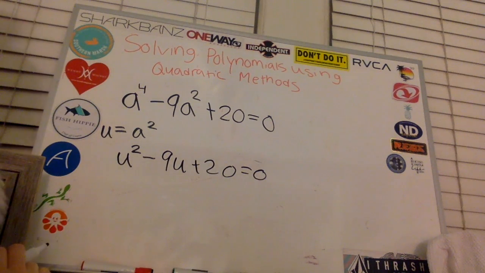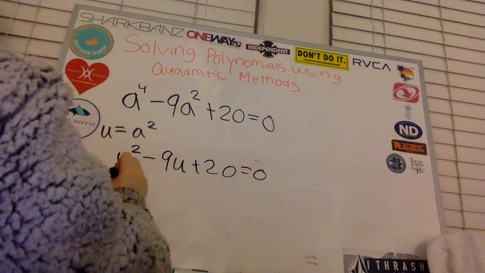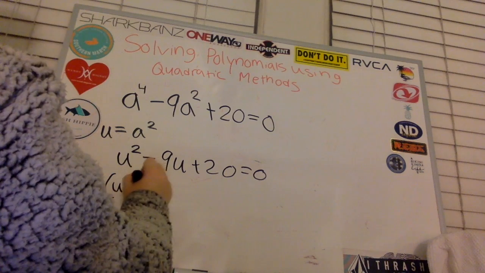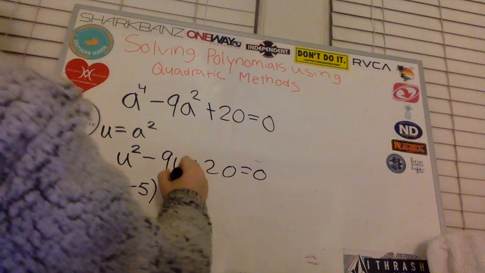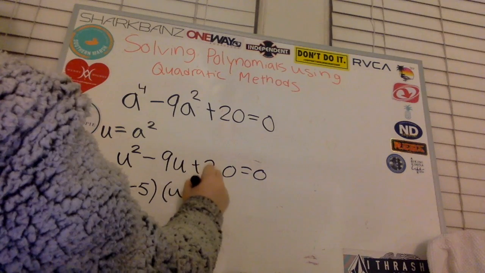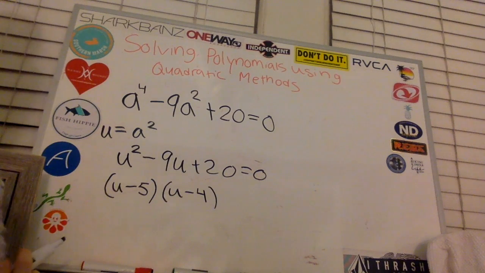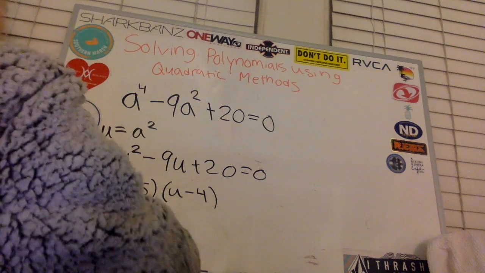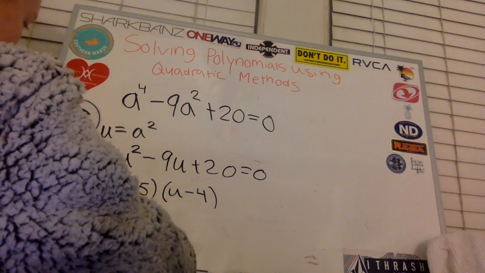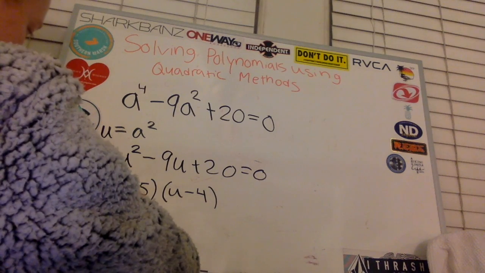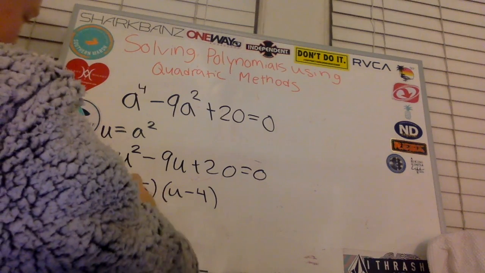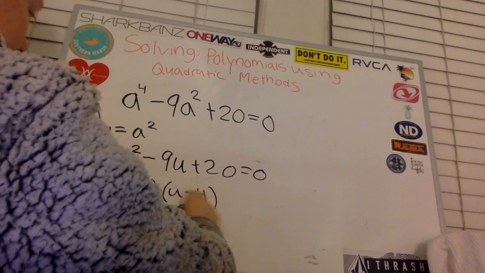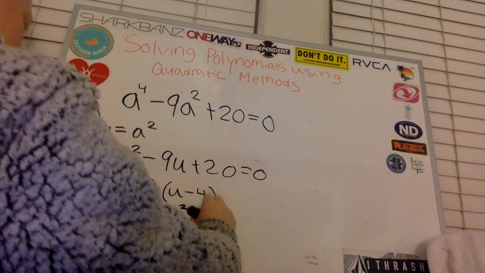Now, the new step we're going to learn is we have to factor it. So u minus 5 and u minus 4. Now, the tricky part is, since we have u defined as a squared, we have to plug in a squared. So a squared equals 5, and a squared equals 4.